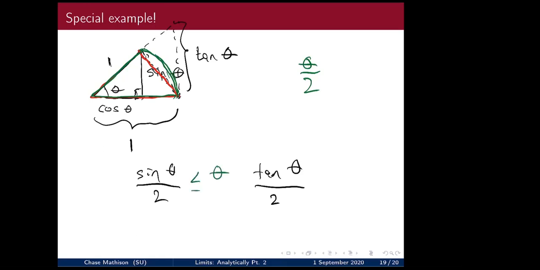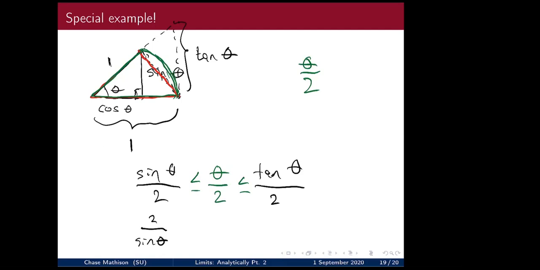And so hopefully it's clear that the area of the red triangle is smaller than the area of the green circular sector, and that's got to be smaller than or equal to the area of the big triangle. Then the whole idea is if we flip everything, we'll get 2 over sine of theta.